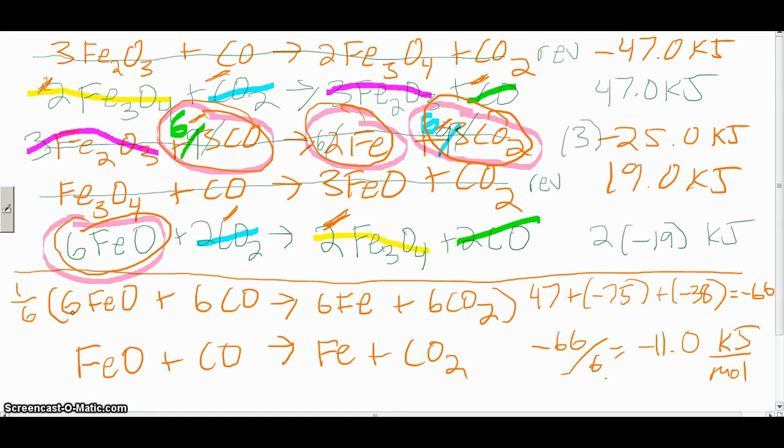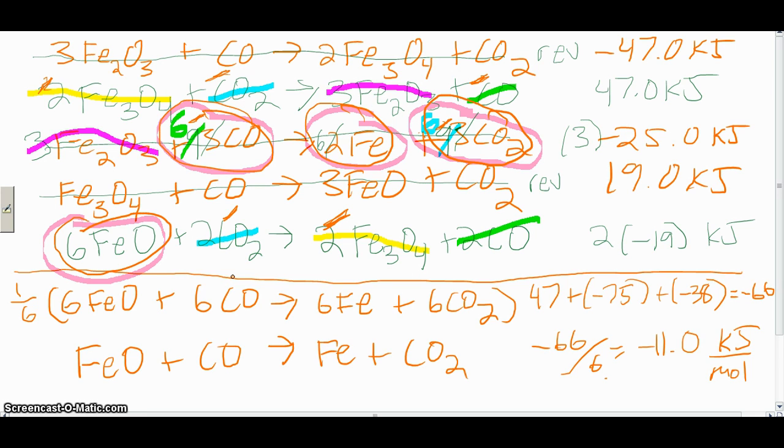Then all we had to do after that was multiply by 1/6 or divide by 6. So we divided the final reaction by 6 to get FeO plus CO yields Fe plus CO2.